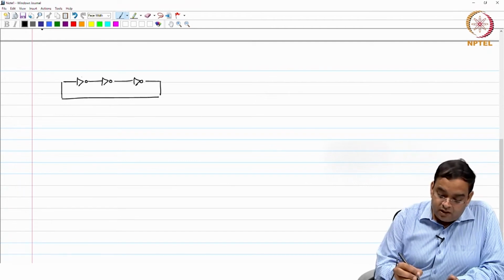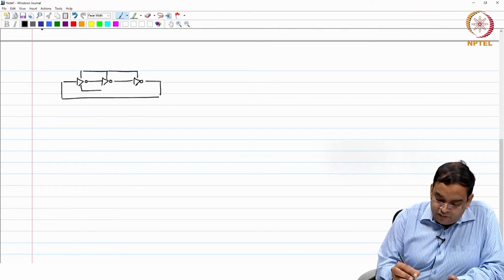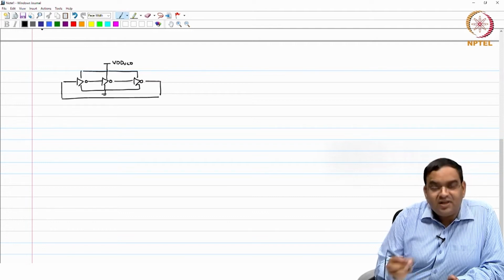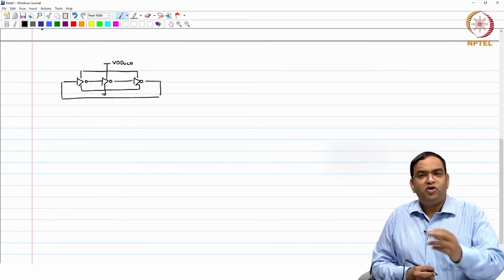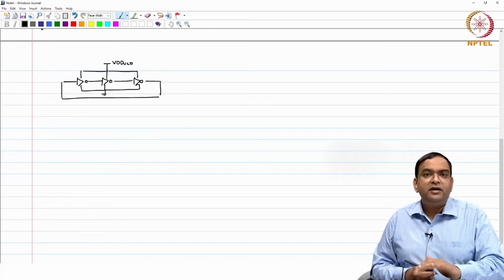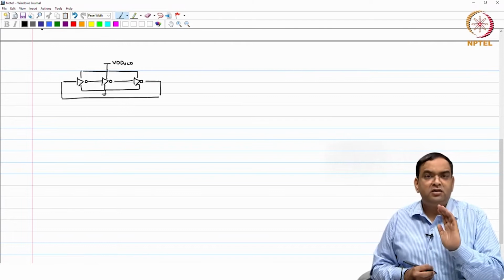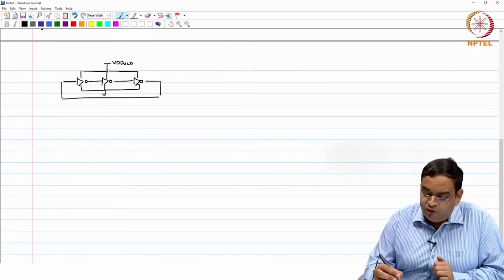When we control the supply VDD VCO to change the output frequency, whether we change the current or the supply, at the end we are changing the supply voltage of the oscillator.